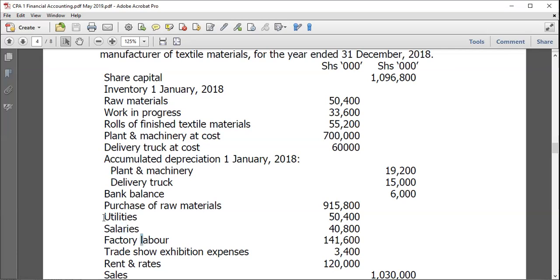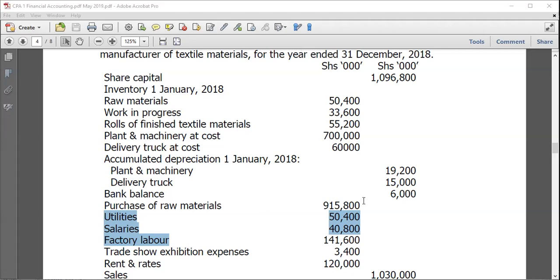Now, when it comes to expenses, when you're looking at manufacturing account, what you need to know here is which expenses am I going to use in the manufacturing cost statement, and which expenses will I use when I'm now doing my P&L. Now, any expense that relates to the factory would definitely be able to be included there.